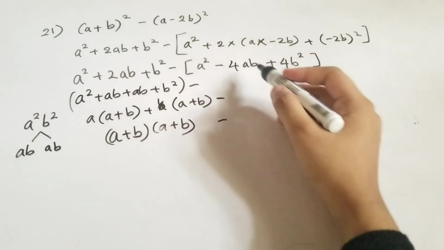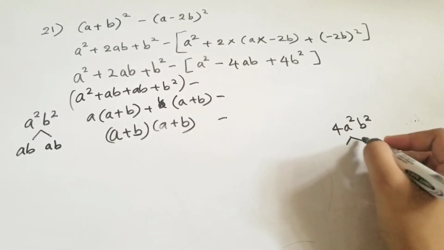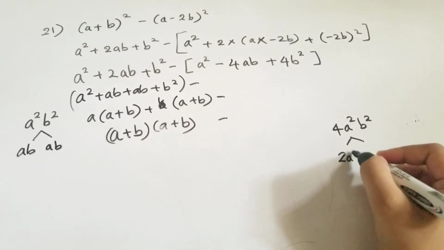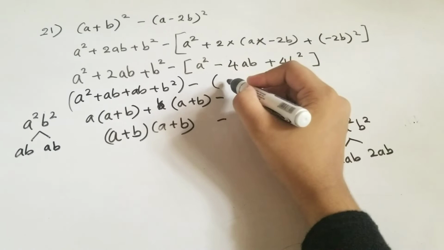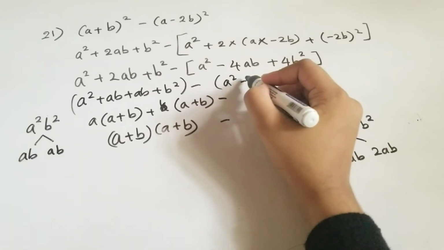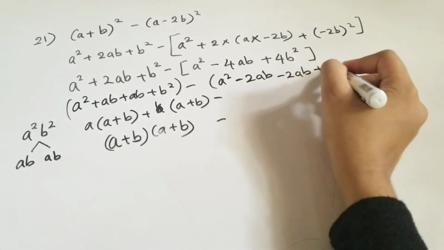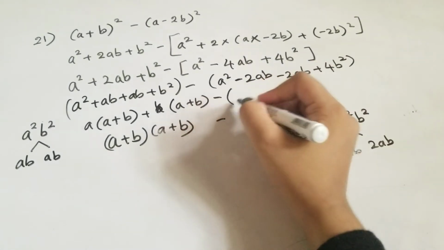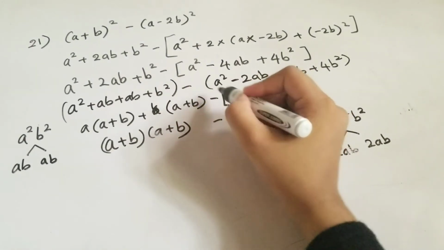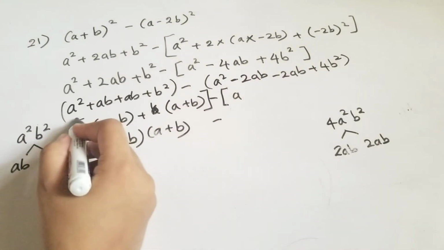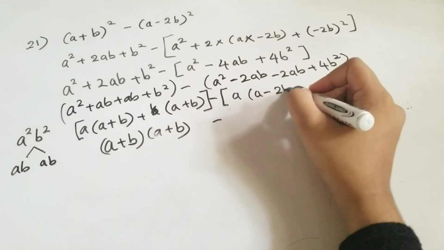This one. Right. I'm getting 4a squared b squared. That means 2ab into 2ab. So I can write here a squared minus 2ab minus 2ab plus 4b squared. So here I get a into, I put a big bracket. These questions are very good, okay? a into (a minus 2b).